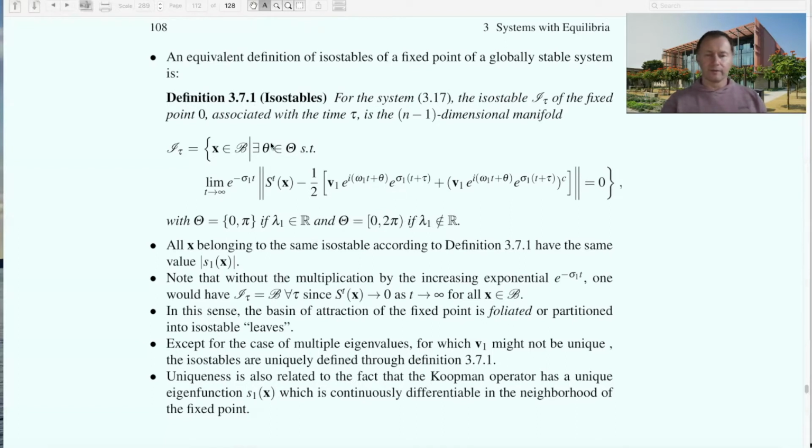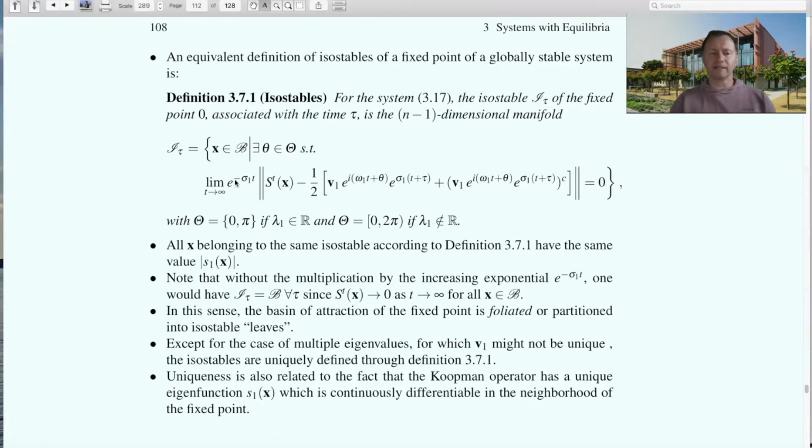And so we need to find a theta in this definition such that the limit when t goes to infinity of e to the minus sigma 1 t, absolute value of S_t, the flow, minus 1/2 of the contribution to evolution of the slowest eigenfunction and the slowest eigenvalue. That's this part here. And the reason why 1/2 is here is that when we take the real part, we get twice the contribution, once from this term, once from that term.